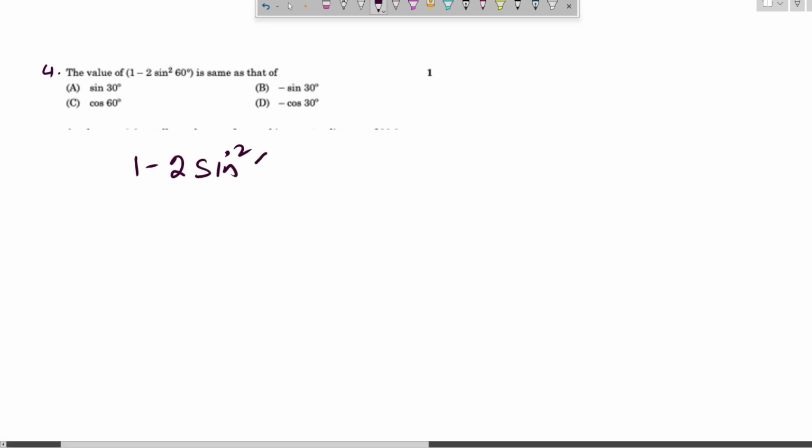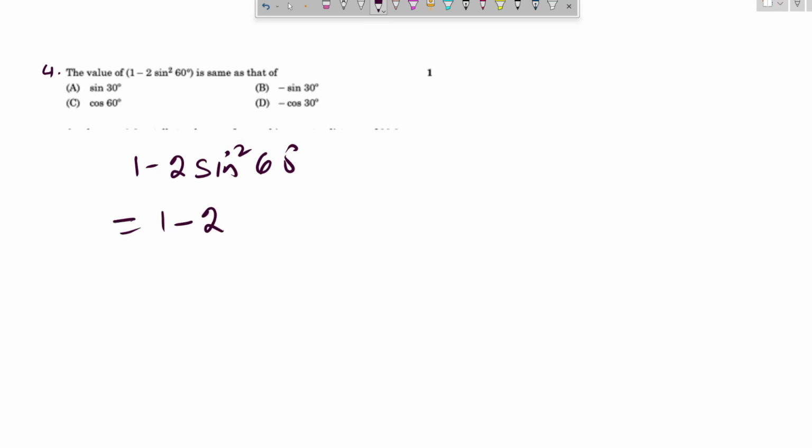So I have given you in terms of sin 30 and cos 30. Let us solve: 1 minus sin square 60 degree is equal to 1 minus, sin 60 degree is root 3 by 2, so as it is in square, square it, and that is how you got 3 by 4.